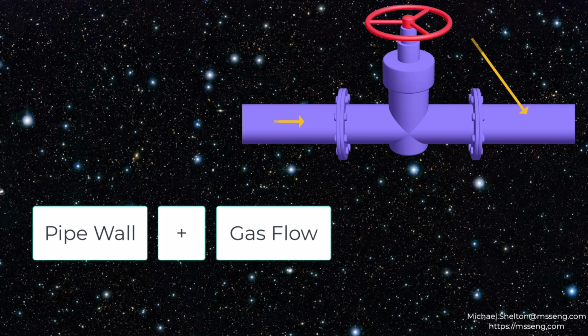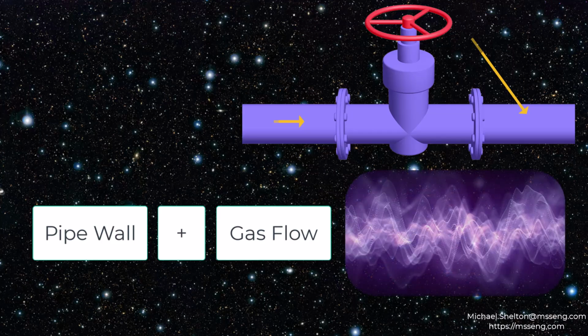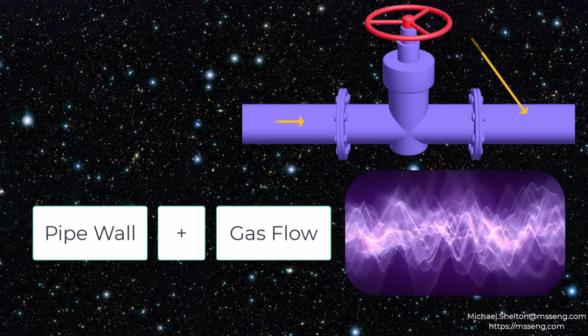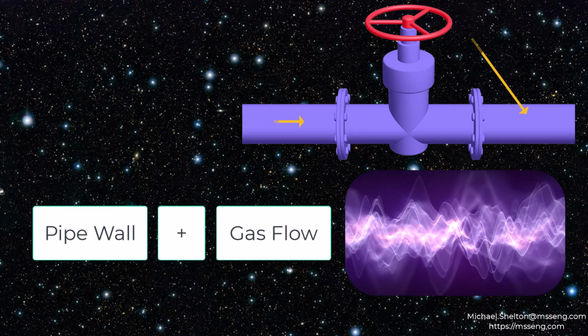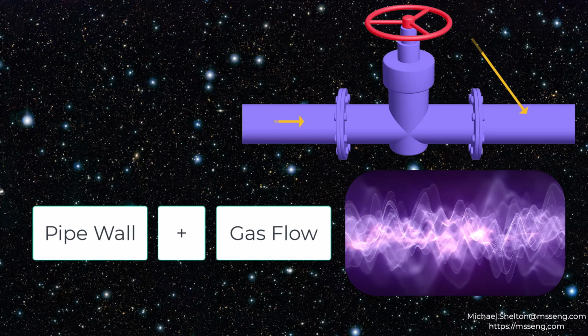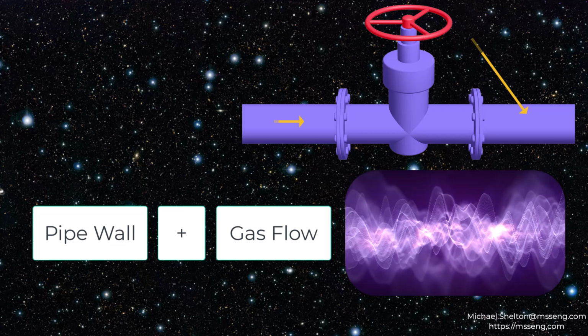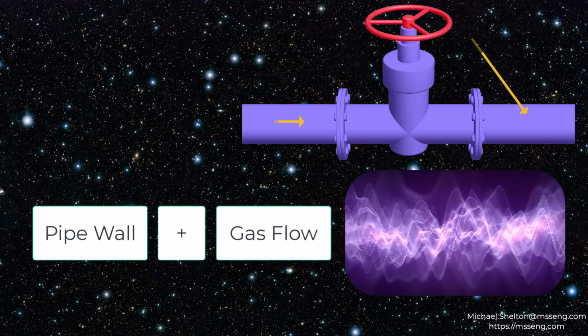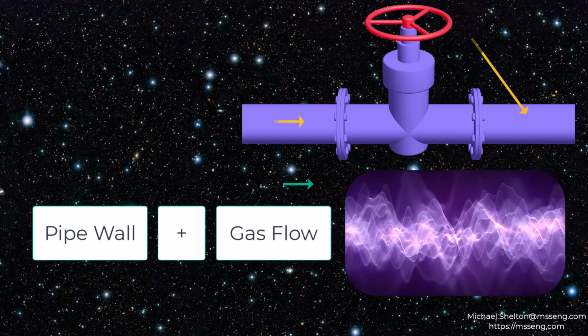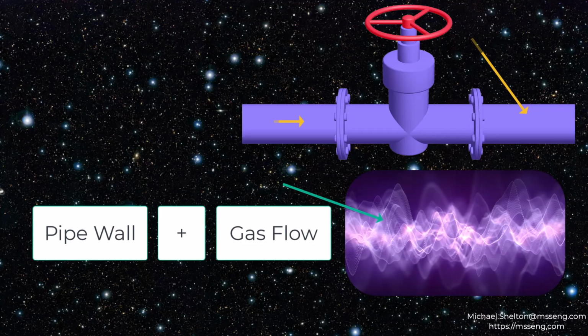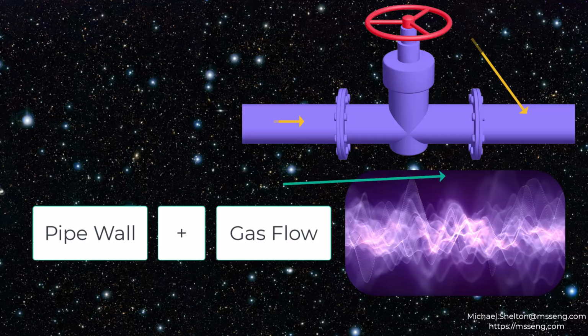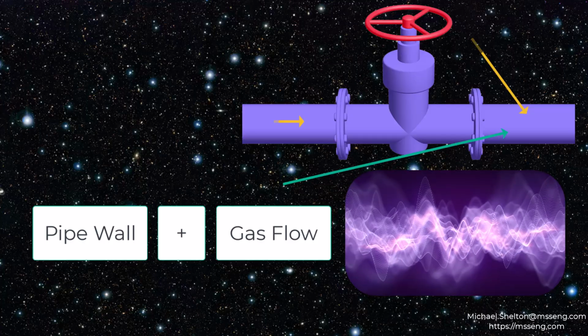The gas flow itself will have resonant or natural frequencies as well. The greatest propensity for failure comes when the gas flow acoustic resonance frequency matches the pipe wall natural frequency.